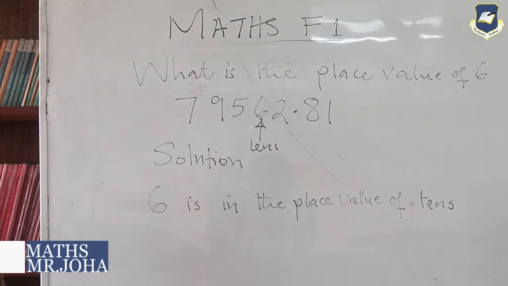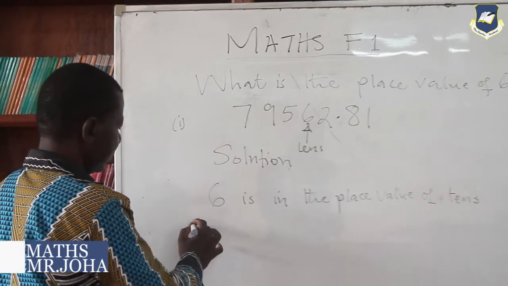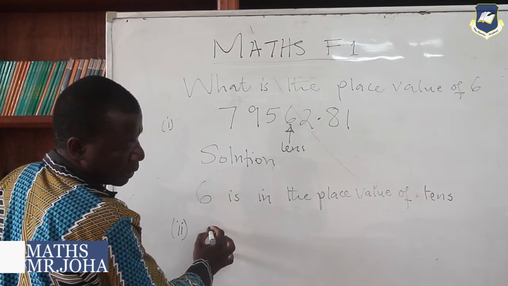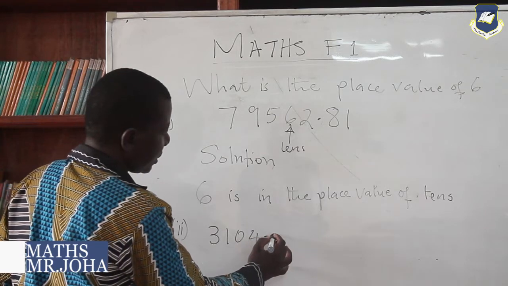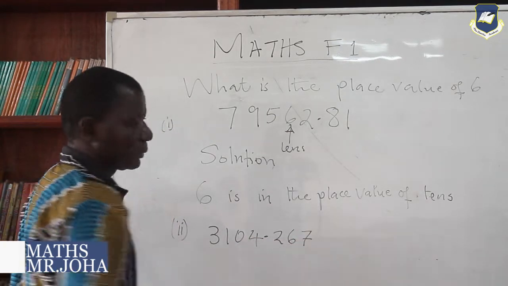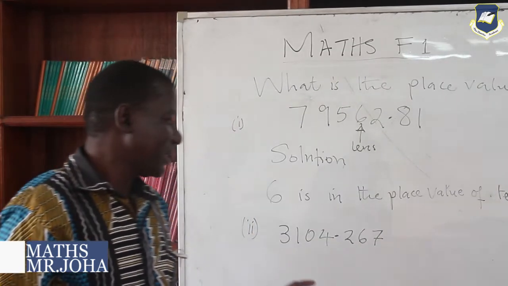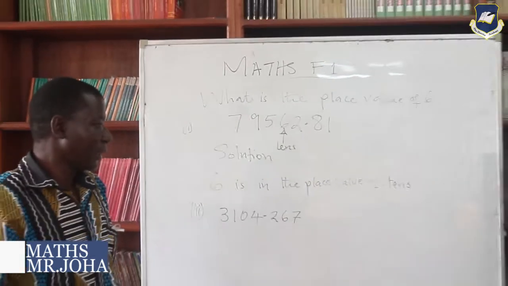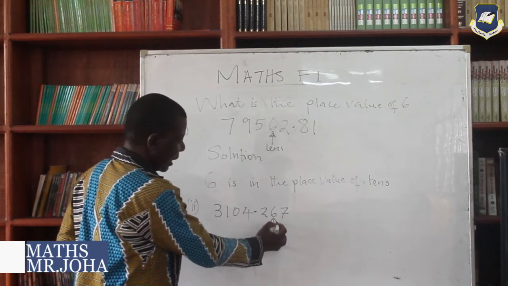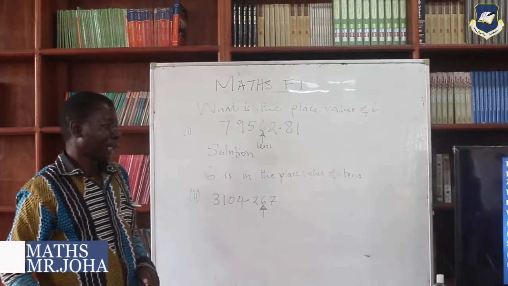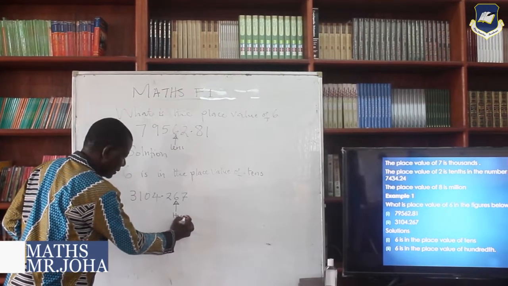The next example is 3,104.267. So what is the place value of 6 in this number as displayed on our screen? 6 appears there in that number, and so the place value of that 6 is 100.